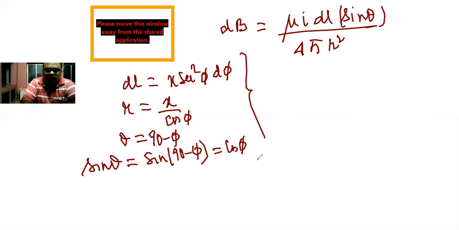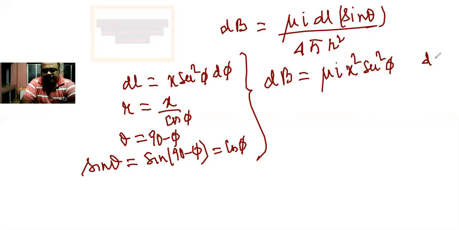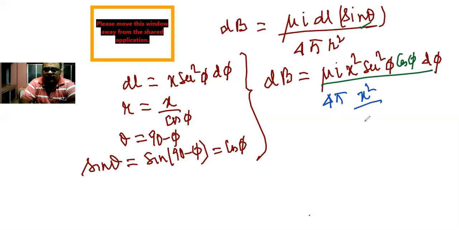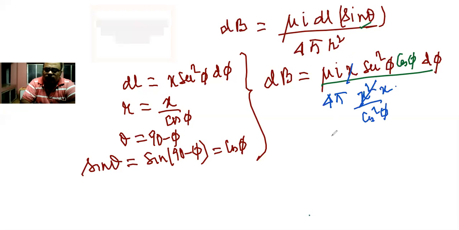So one by one I will replace over here. I'll get dB is equal to mu I, instead of dl I will write x sec square phi d phi, and instead of sine theta I will replace by cos phi, divided by, instead of r square, I will replace by x square by cos square phi. Here x square will get cancelled, so this cos square phi will go to the numerator.